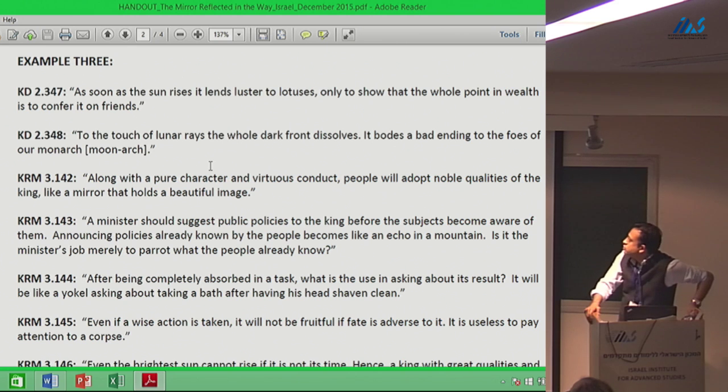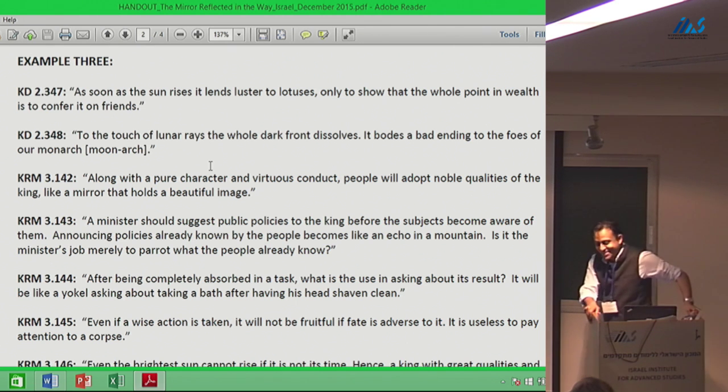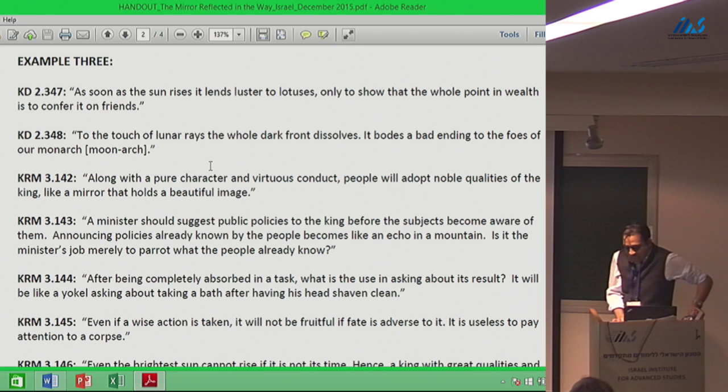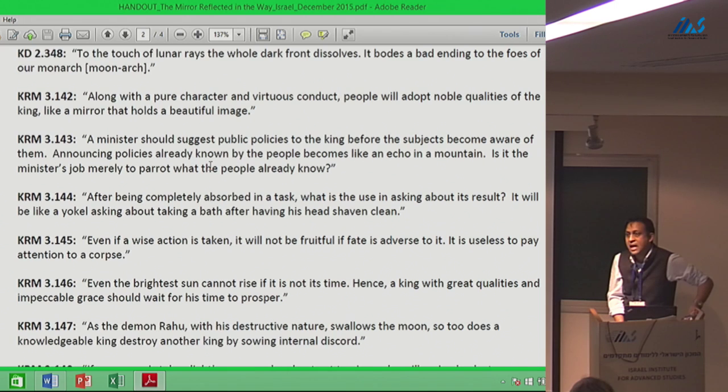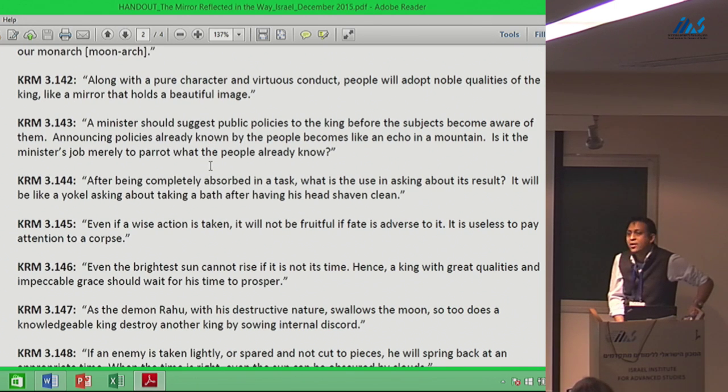And to the touch of lunar rays, the whole dark front dissolves. It bodes a bad ending to the foes of our monarch. Monarch. It's a good one. The Kavyadarsa gives nine examples of Nidarshana. Nine. And all of them are about the king, right, of course, because there's something about Nidarshana and the royal, eulogistic, there's something connected between those two things and this particular Alankara.